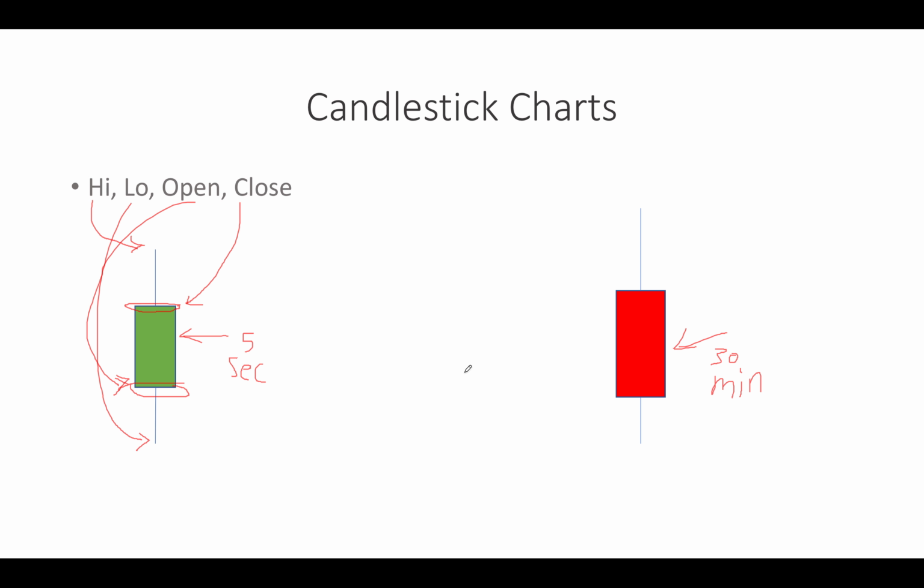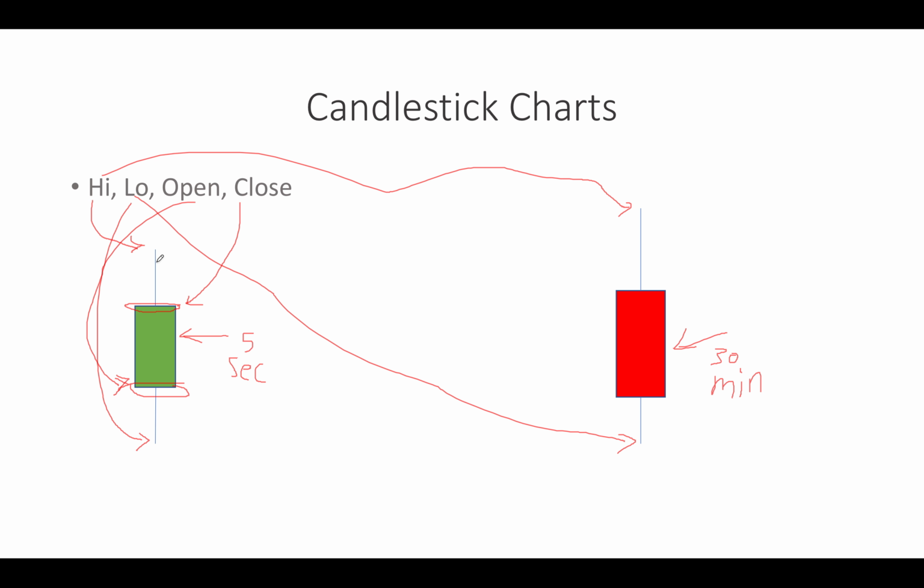Now looking at this red bar, you can probably guess how this is going to work out. There's the high price, which stays the same, and the low price stays exactly the same: the lowest point and the highest point of this 30-minute candle. Remember, price fluctuations within a higher time frame candle are probably going to be larger than in a 5-second candle.